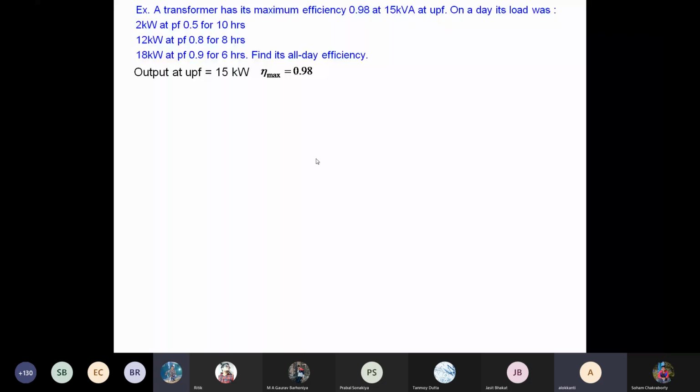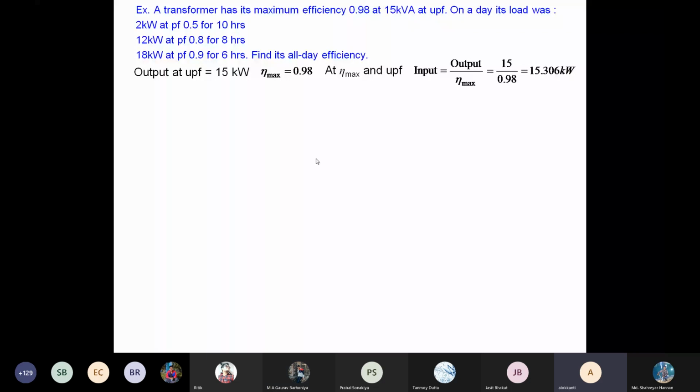At eta max and at UPF, your input is equal to output by eta max, which is 15 by 0.98. The value is 15.306.